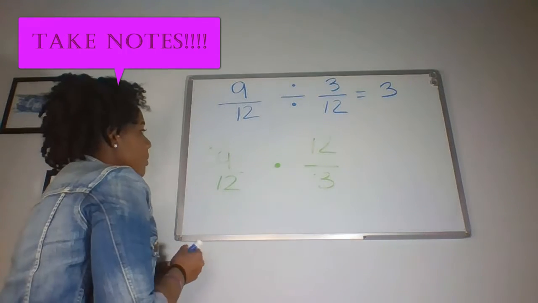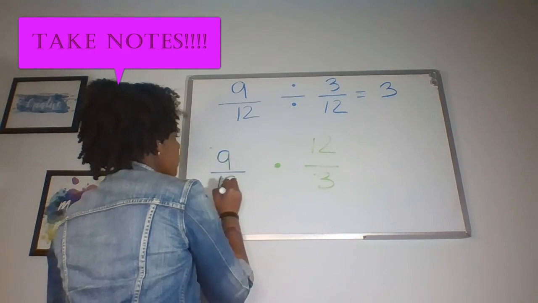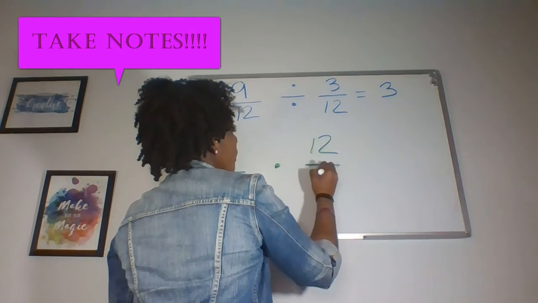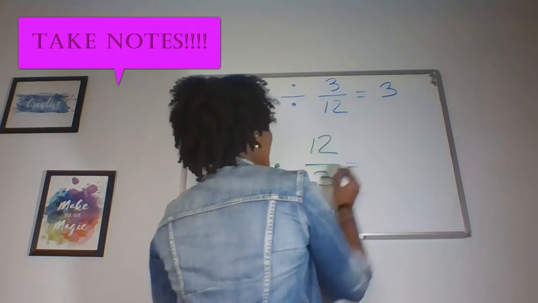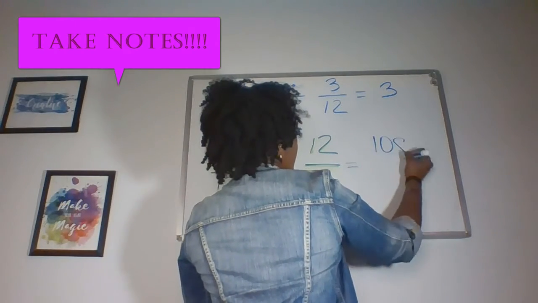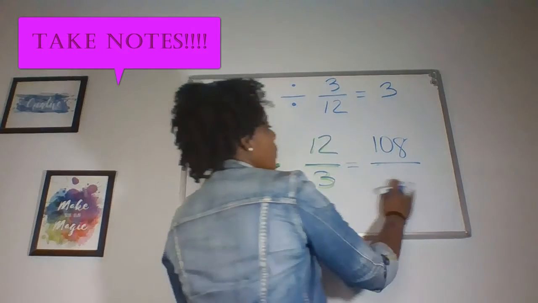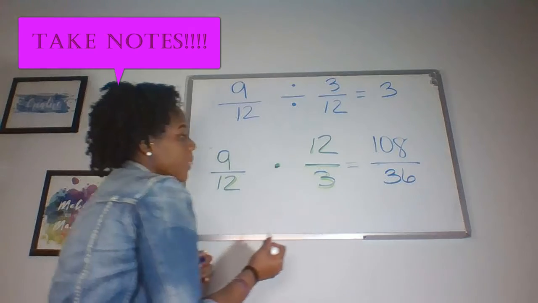That's a little hard to see, so I'm going to come over it with a different color. 9/12 times 12/3. Okay? Numerator times numerator. So 9 times 12 is 108. Denominator times denominator. 12 times 3 is 36.